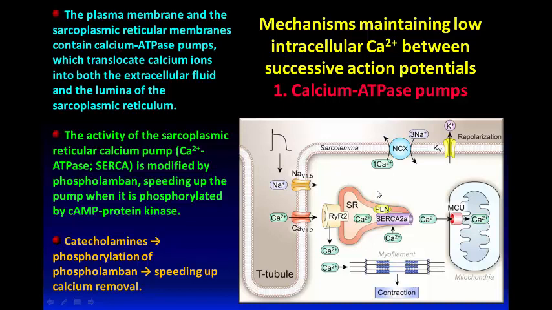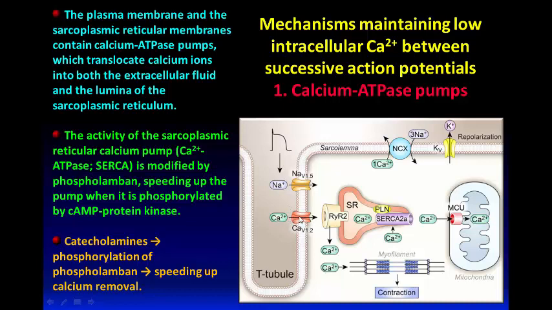It is also important to note that norepinephrine and epinephrine, when they bind to their adrenergic receptors, stimulating adenylyl cyclase, with cyclic adenosine monophosphate acting as their second messenger and stimulating the protein kinase enzyme, this also results in phosphorylation of the L-type voltage-gated calcium channels.